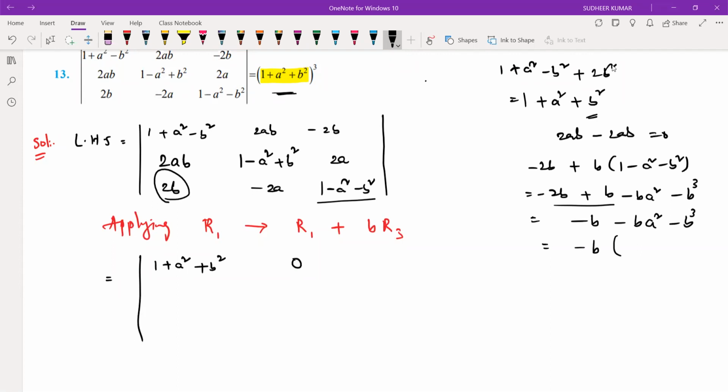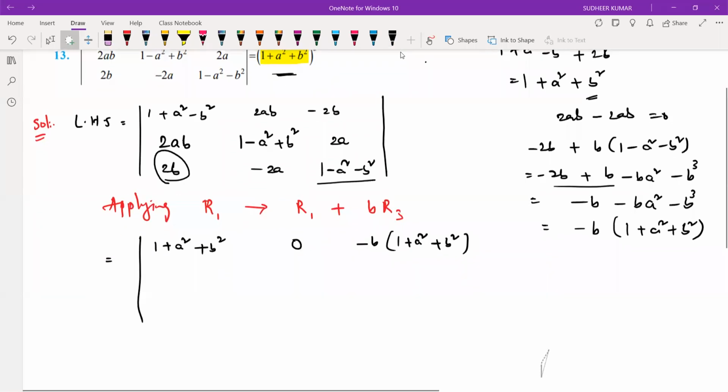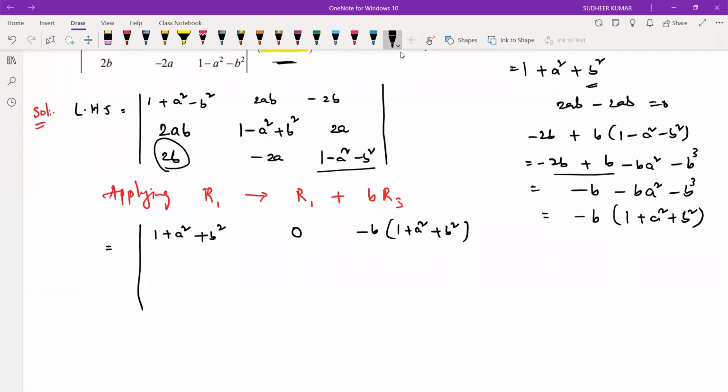So minus B take common, so this is 1 plus A square plus B square. So here again we can write this as minus B times of 1 plus A square plus B square. I hope it's clear.